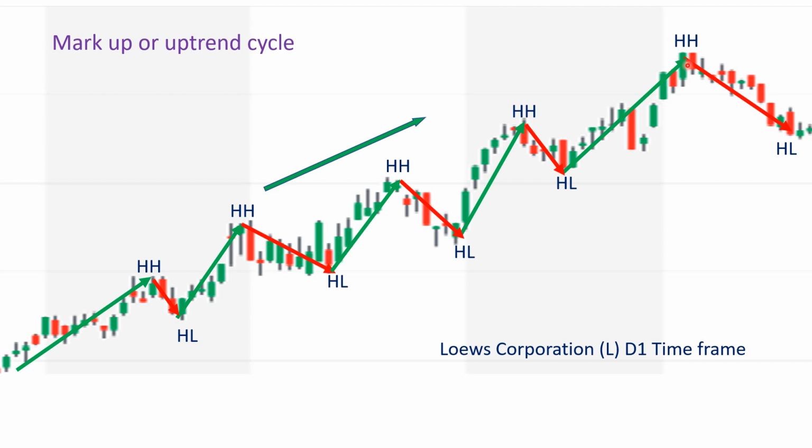And you see the volatility becomes very low, and the trend has little fluctuation, and finally it forces the trend to break the support and go downward. Now in the next slide we are going to talk about the distribution cycle.